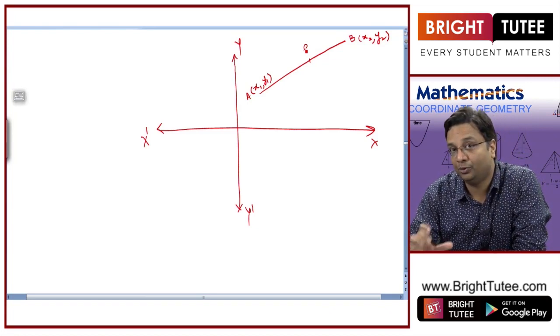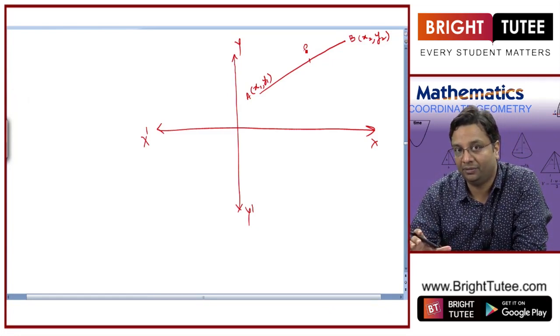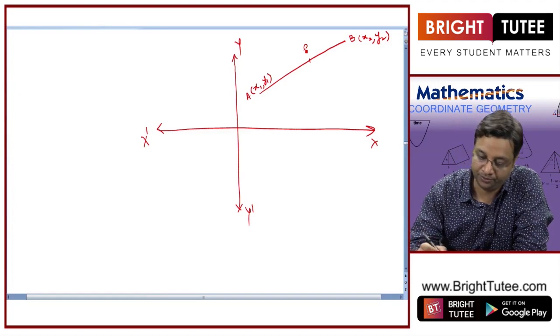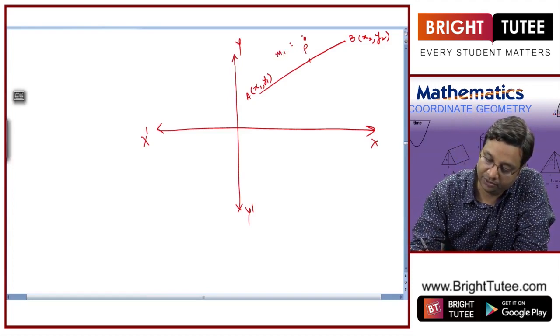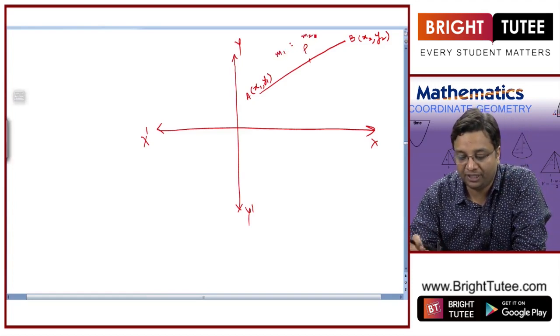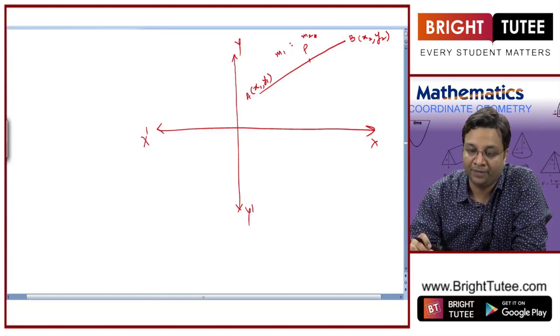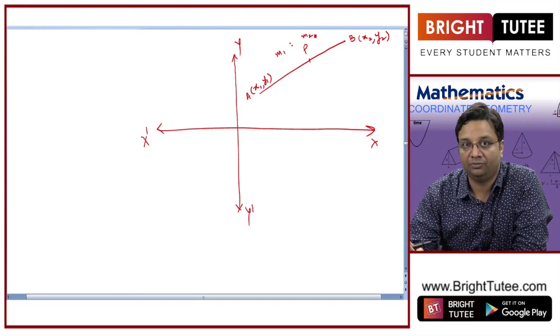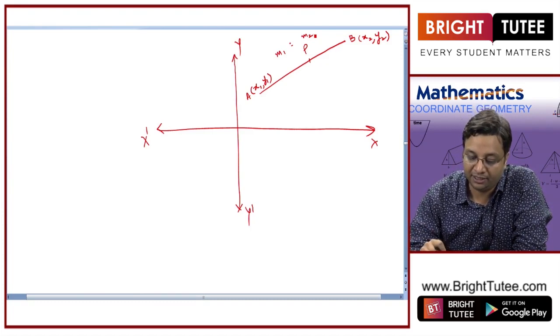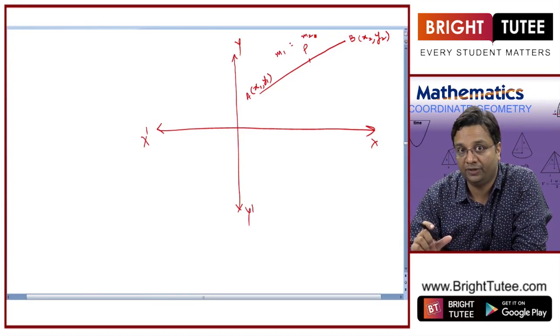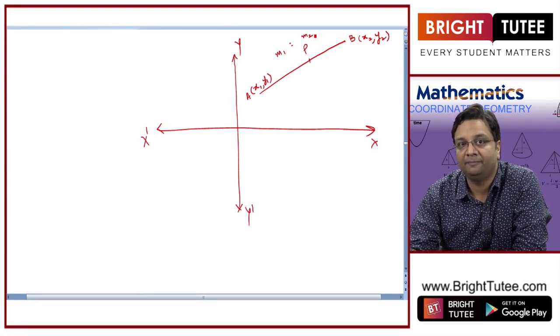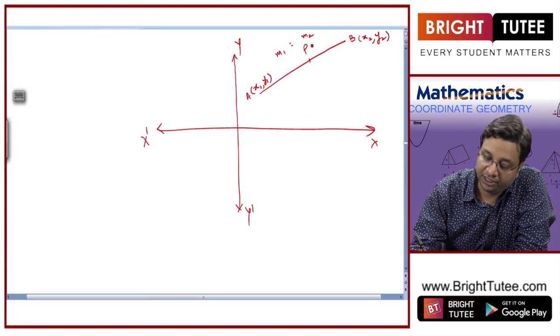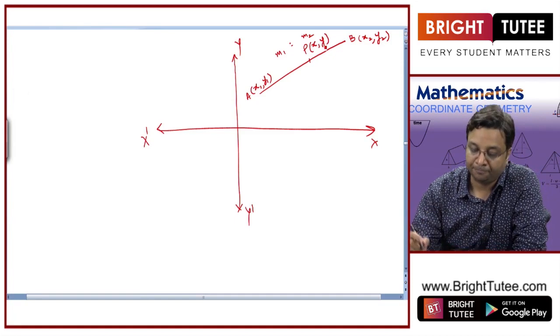Now we know that this point P divides this line segment in the ratio m1 is to m2. Now we need to find the coordinates of point P in terms of the coordinates of A and B, which are the given quantities. For the time being, let's assume the coordinates of P as x comma y.